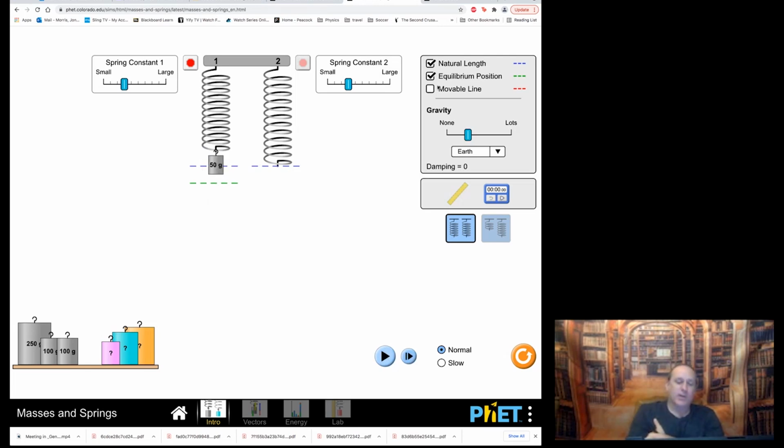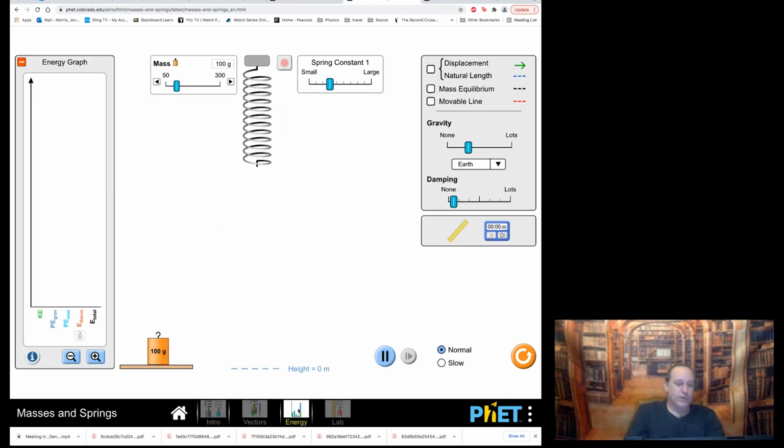Now, we can put a little reference line here so I can bring it down to just touch that. We can pause the motion and play the motion, but if I watch this, it's going to keep going back to my reference point, essentially forever, because there's no friction included yet in this simulation.